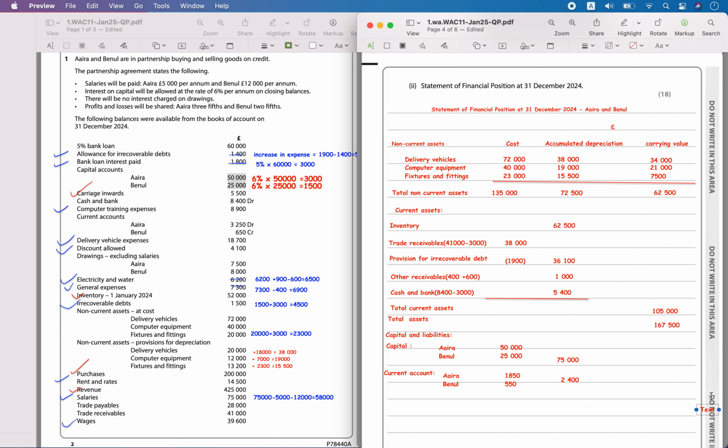So the total closing capital will be equal to the sum of these two, 75,000 plus 2,400. So that is 77,400. That's the total capital.